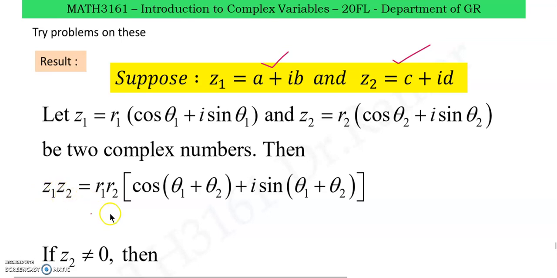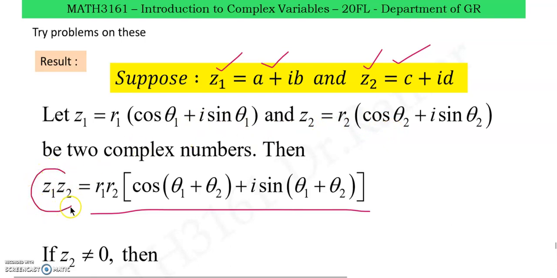Then we have to find the modulus value and theta for z1, and similarly the modulus value and theta for z2, that is r1 theta 1, r2 theta 2. Next, the polar form of the product is equal to: you multiply the modulus values of both complex numbers, then multiply cosine of the sum of the angle of the first complex number and the second complex number.